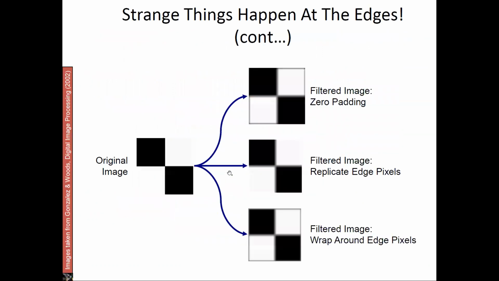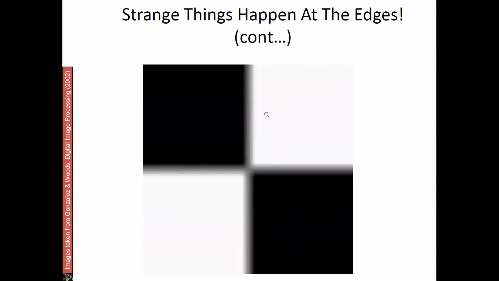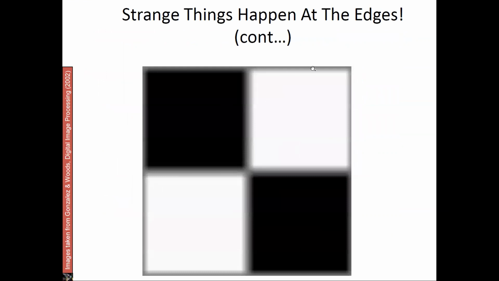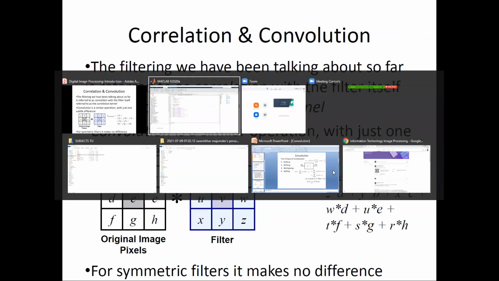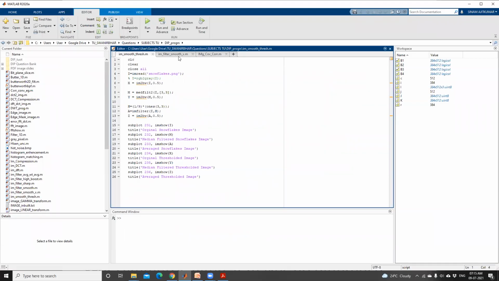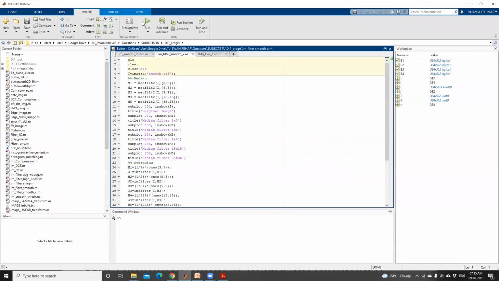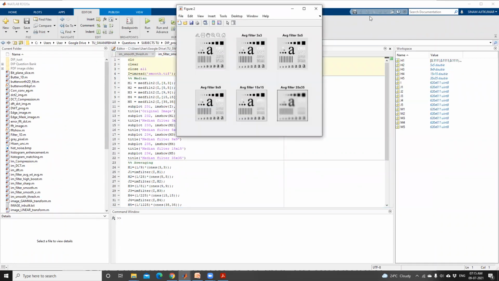You can see what happens at the edges. When 0 padding is done, you can get a boundary kind of thing. When it is wrapped, it becomes different. Here the black one is black, the white one is white, and here we have a boundary generated because of these edges. I think you have seen this in this case.